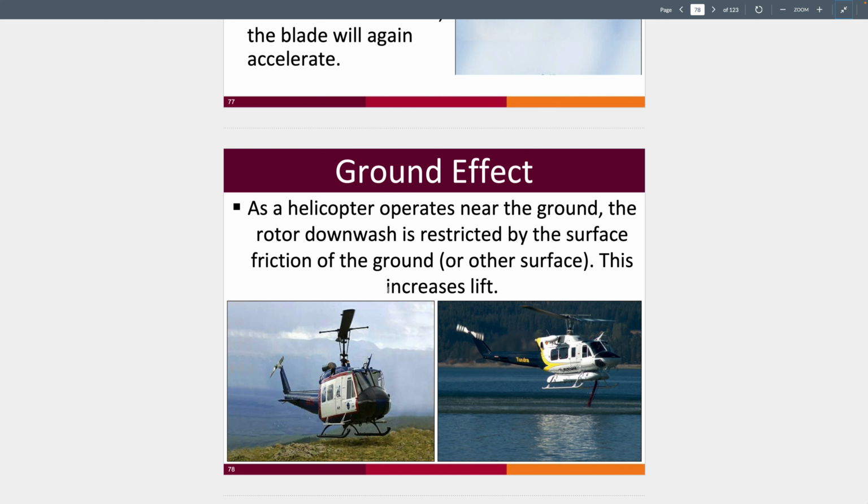Ground effect is simply that bonus lift that is produced when the downwash is restricted by surface friction. As the helicopter operates near the ground, the rotor's downwash is not allowed to flow freely and dissipate. Instead, it builds up and bounces off the ground. This causes an additional amount of lift that is not expected for a given angle of attack or blade pitch.